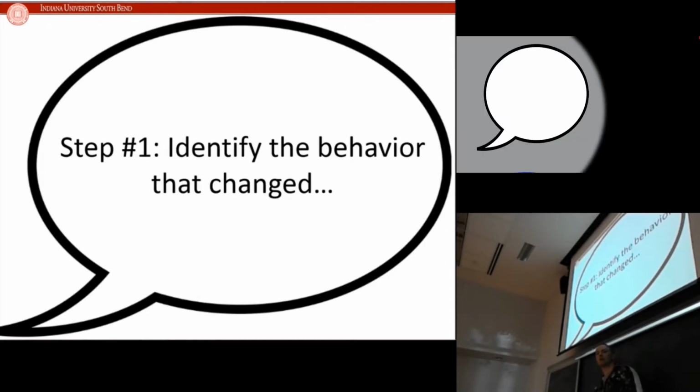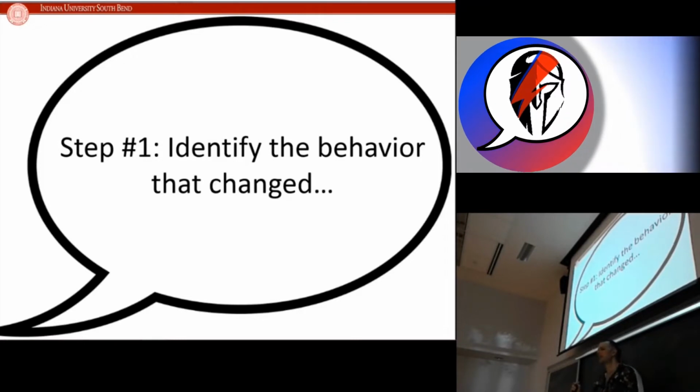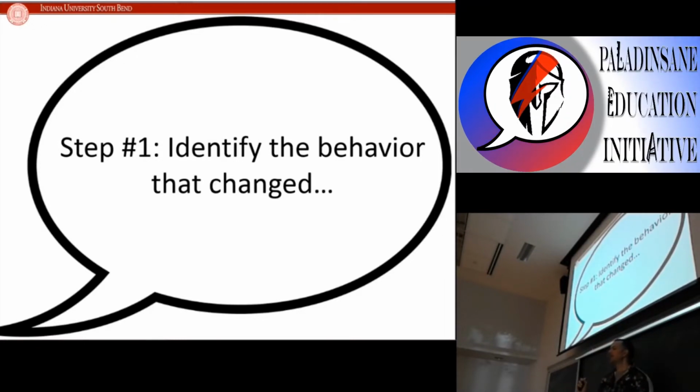Step number 1 is you have to identify the behavior. The tricky part here is that there's often multiple behaviors described in the description, and you're looking specifically for the behavior that changed. They will mention one behavior that changed in each particular description. You have to zero in on the behavior that changed.